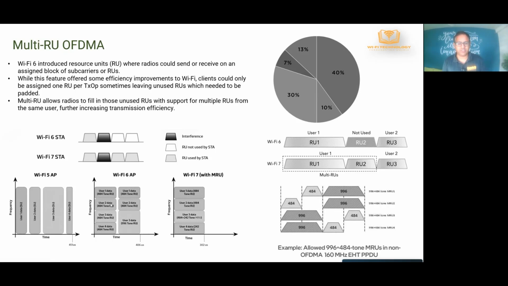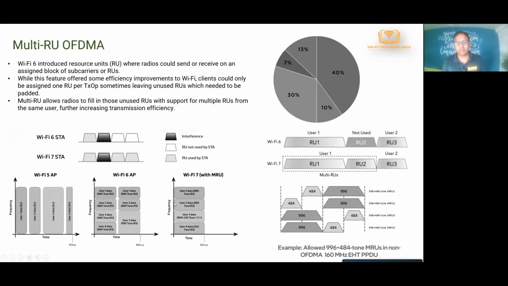If you look at this picture here, with frequency on the y-axis and time on the x-axis, standard OFDM in Wi-Fi 5 uses the entire spectrum for each user. In the case of OFDMA, multiple users can use one set of frequencies, but each user gets only one RU.